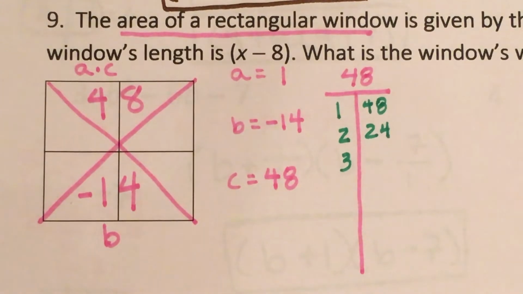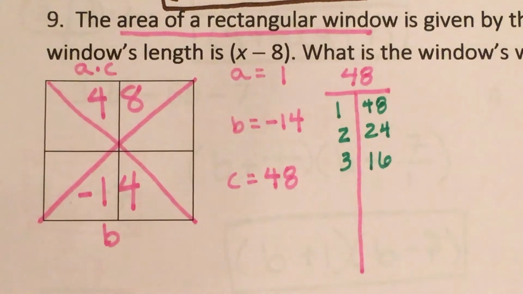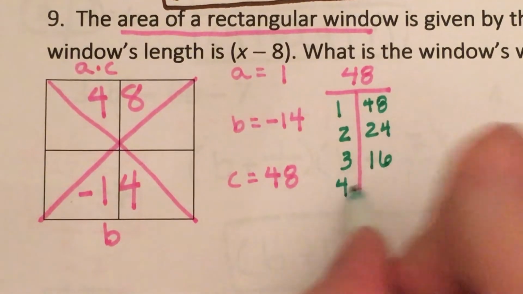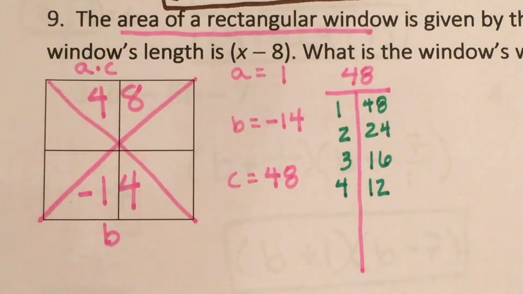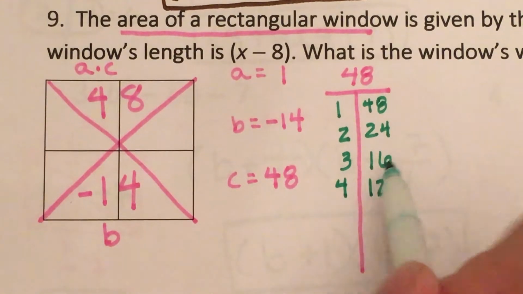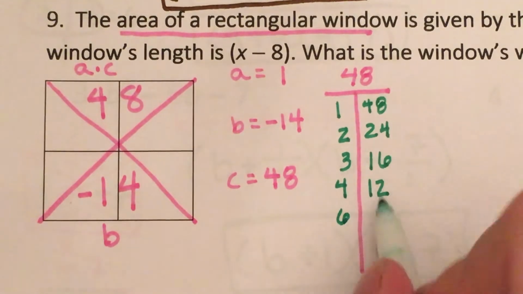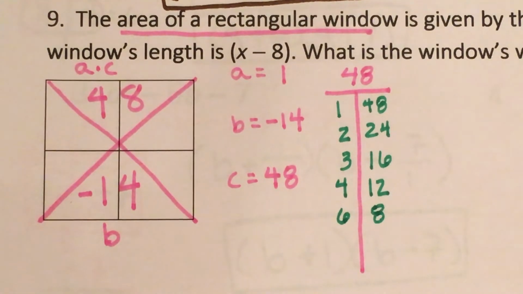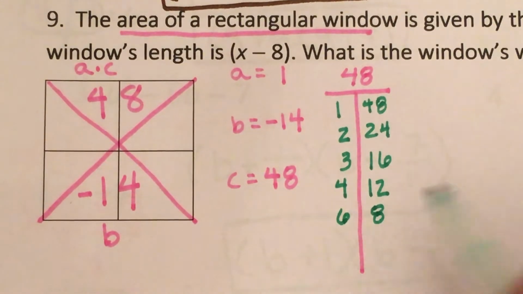What is 48 divided by 3? 16. Nice. Let's see. 4 and 12. Does 5? No. Does 6? Yeah. I'll give you a hint. If 2 works and 3 works, then 6 also works. So 6 times 8. Good. Is there anything else? 9, 10, 11. We already have a 12.